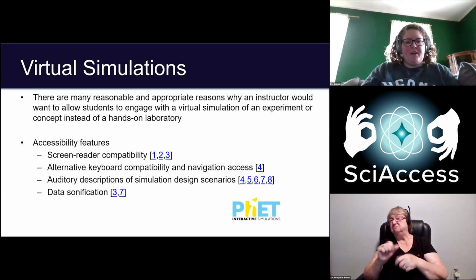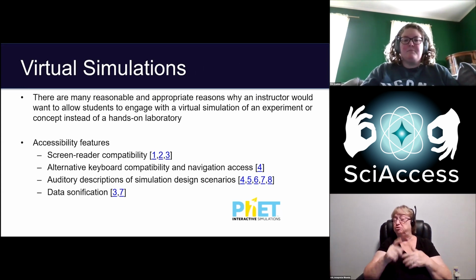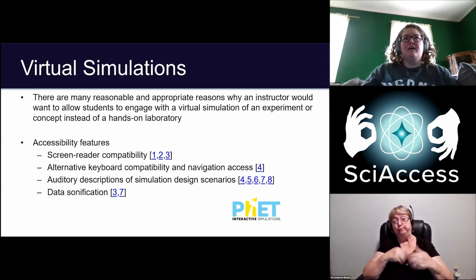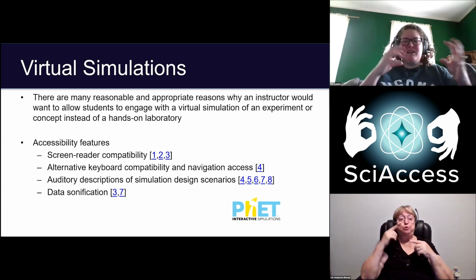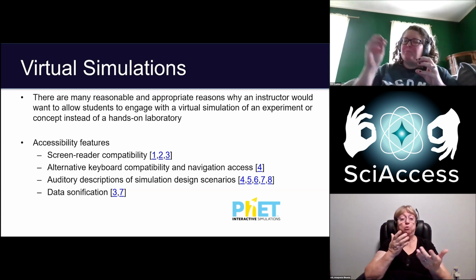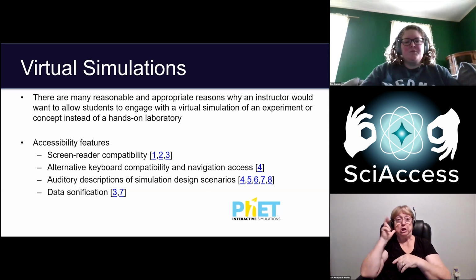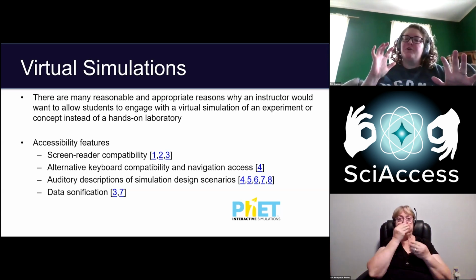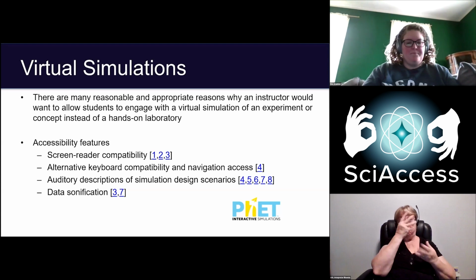And I wanted to point out that in the literature, there was a lot of research focusing on the accessibility tools of these virtual simulations. Things like making sure that they are screen reader compatible, alternative keyboard compatible, and allow for alternative navigation access, that there are auditory descriptions of the simulation design scenarios, meaning like an audio description of the different pieces in the simulation, as well as utilizing data sonification, where you take data and turn it into sound that individuals can hear.